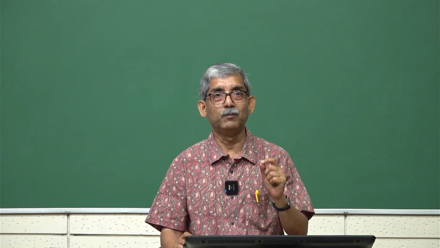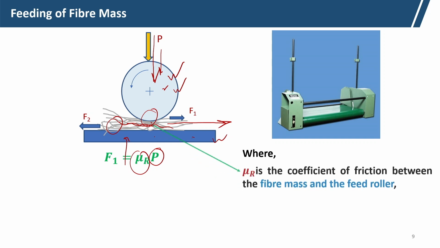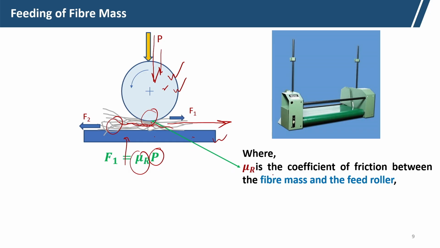Here mu r is the coefficient of friction between the fiber mass and the feed roller. This acts at the upper surface of the fiber bed.